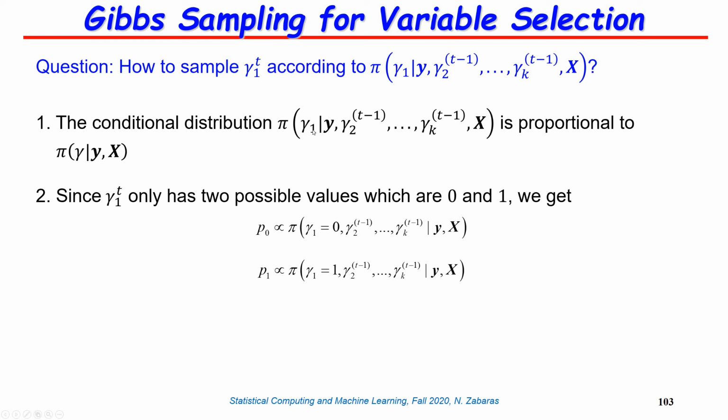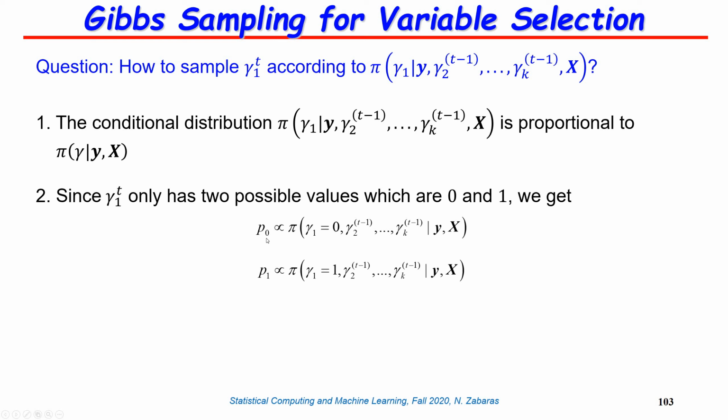And the value for gamma 1 can be either 0 or 1. So effectively what you need to do is take this posterior that we computed analytically a few slides ago and evaluate it for gamma 1 equal to 0 and gamma 1 equal to 1.